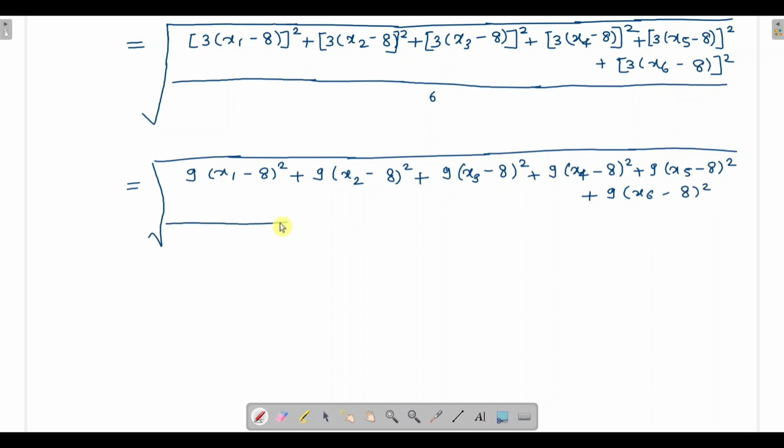Okay, so this is the whole divided by 6.